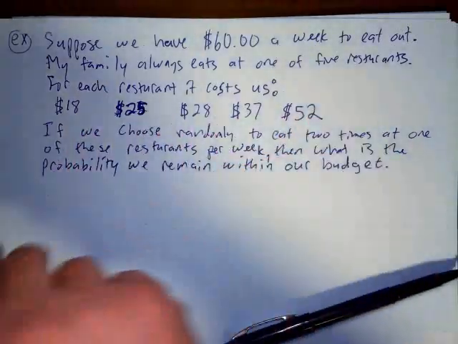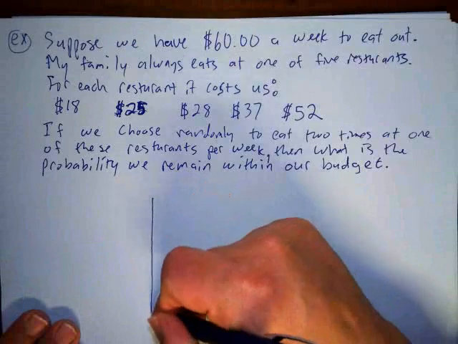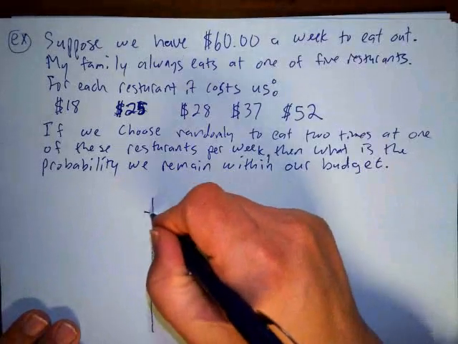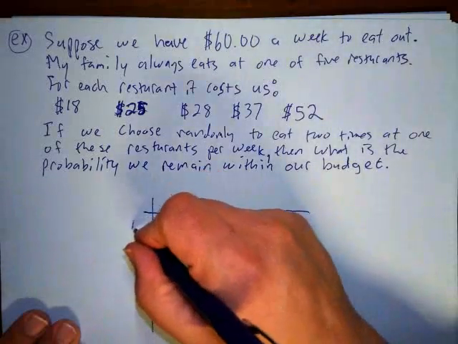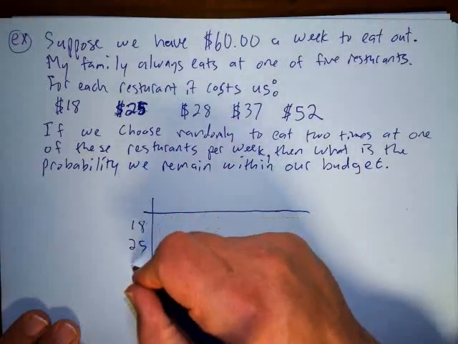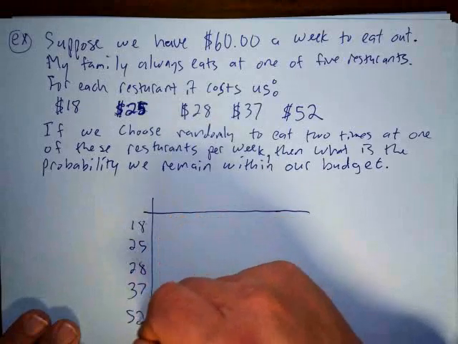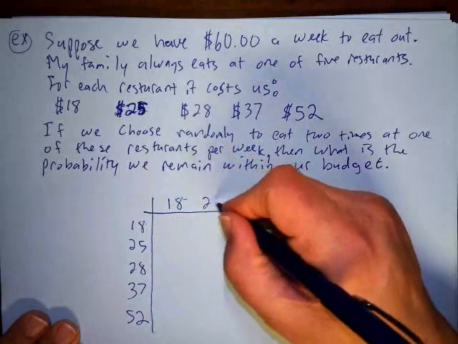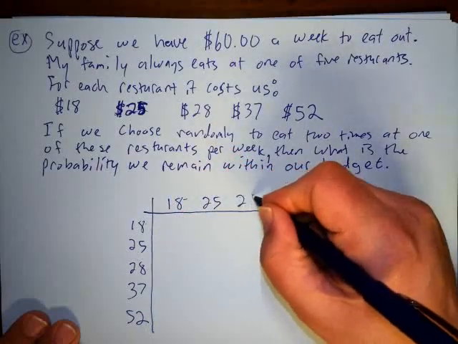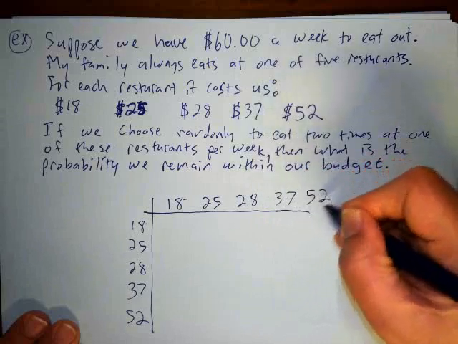So these are like the sides of the die. So basically you would have 18, 25, 28, 37, and 52. And this would be 18, 25, 28, 37, and 52.